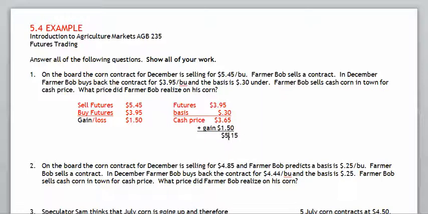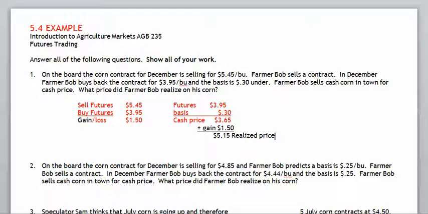Another way to do this problem. We sold futures. We buy it back lower than what we sold it for. So that was a gain of a buck 50. Yes, cash price had gone down. It's down all the way down to 3.65. But since we had the futures position, we got to make money from corn going down in price. We end up with 5.15 for a realized price.